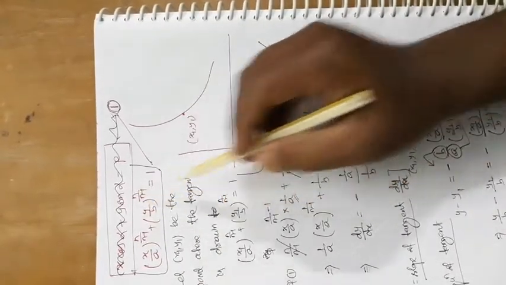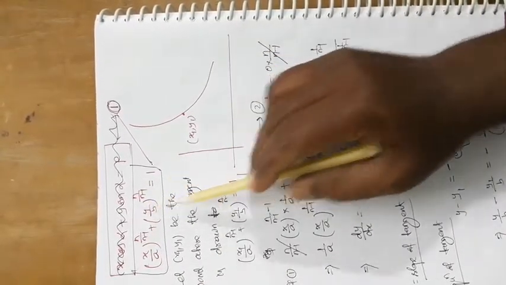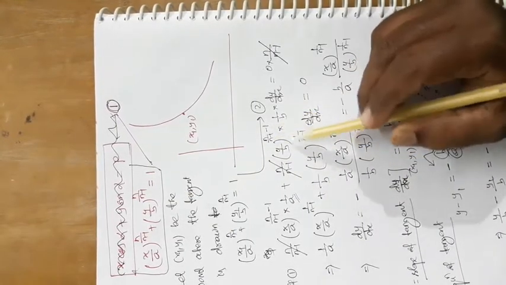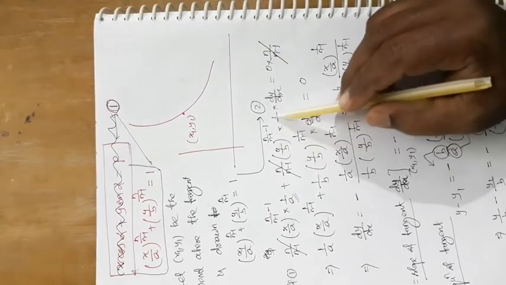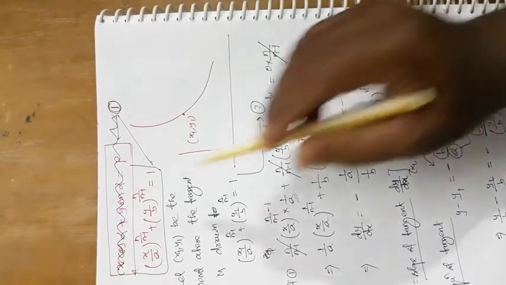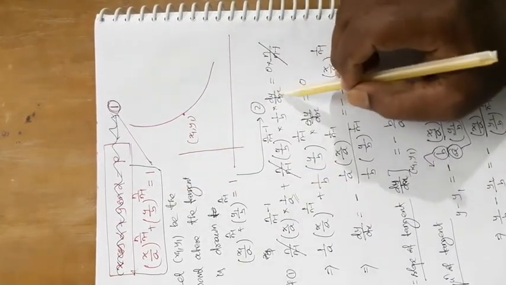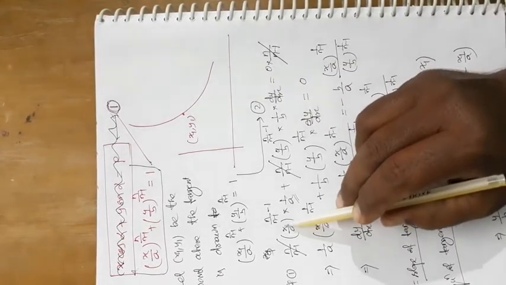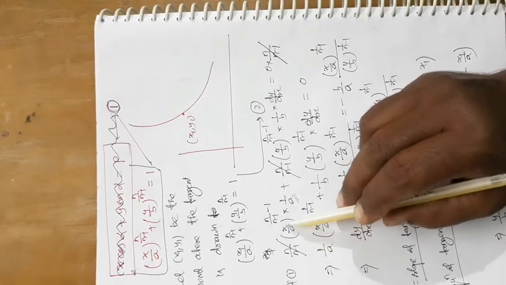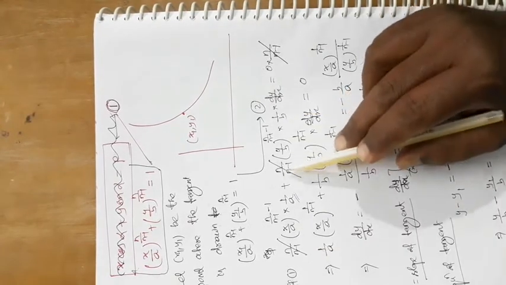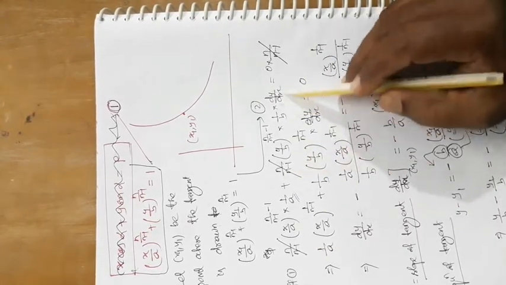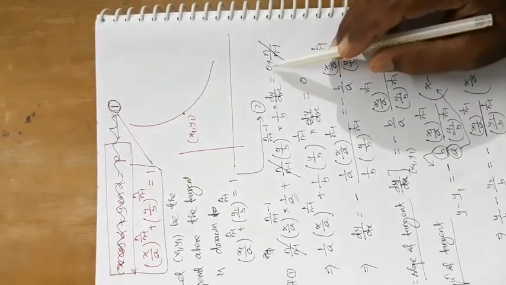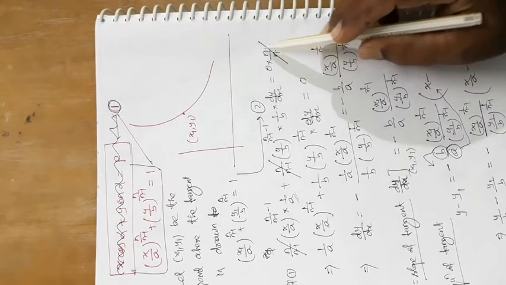Next, n by n minus 1 (y by b) to the power n by n minus 1 minus 1, into the derivative of y by b, that is 1 by b, and you have to multiply by dy by dx, because here it is x, so d by dx of x is 1, as it is y, so d by dx of y is written as dy by dx, and the derivative of 1 is 0, and 0 into n by n minus 1 is nothing but 0.